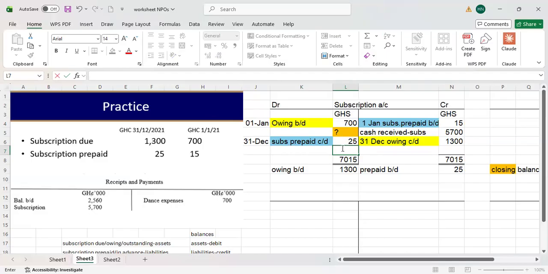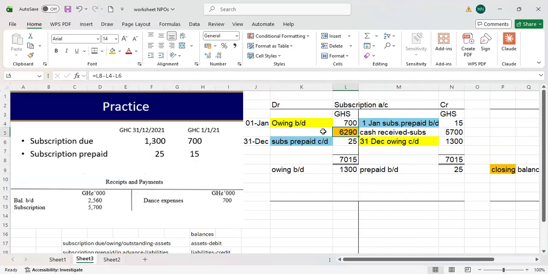But what we are saying is that this side must be equal to this side. When we add this side, we are getting 7,015. This side also should be 7,015. So we want the missing figure. 700 plus 25 minus the 7,015 would give us our balance for the year.